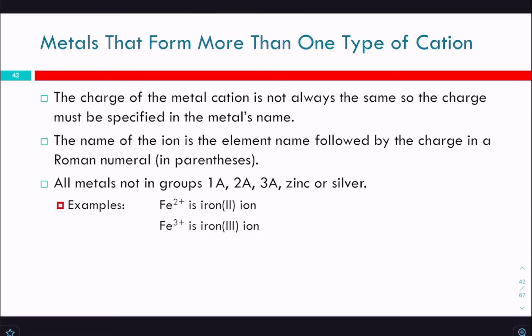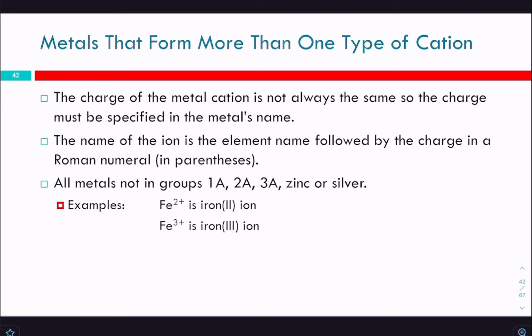So first, let's talk about what if it's not one of those? If it forms more than one type of cation, then we need to indicate in the name what the charge is. Because remember, if we have an ionic compound, the combination of the metal and the nonmetal is dependent on the charges, because they have to add to 0.